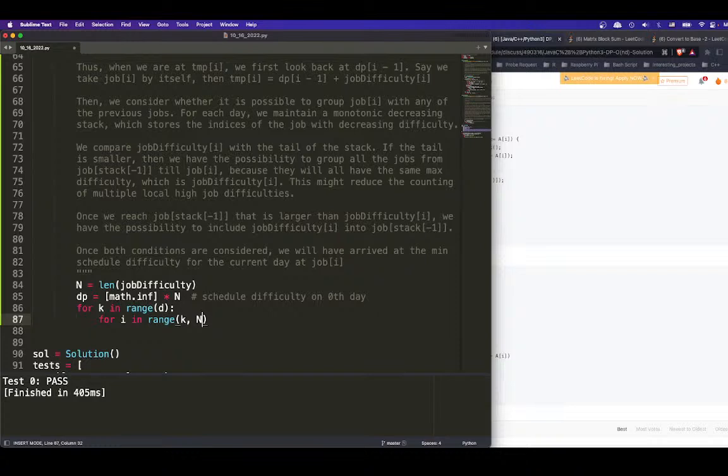Wait, why is that? Why don't we start from zero? Because let's say on the second day, you cannot start from the first because the first day has to start.